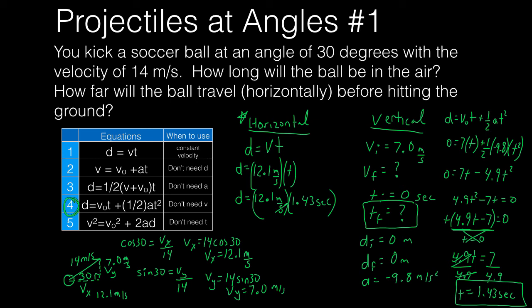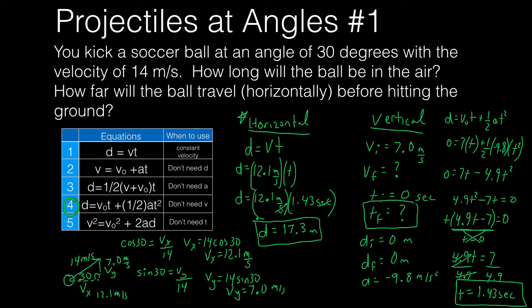You'll notice that our seconds cancel out, and our displacement is left in meters. So 12.1 times 1.43 is equal to 17.3 meters. That's the answer to how far the ball will go horizontally.